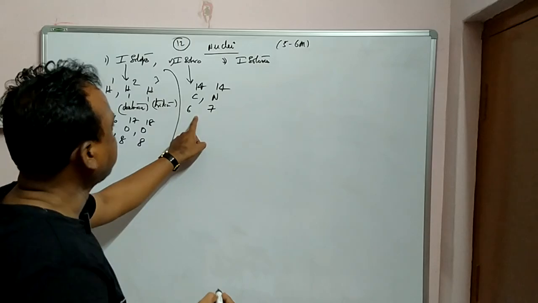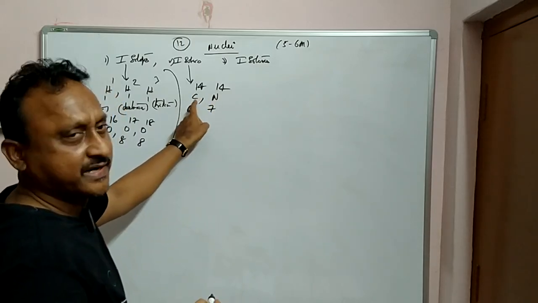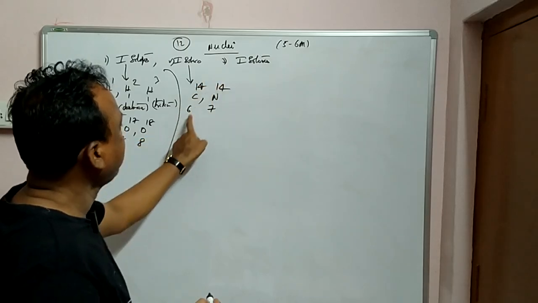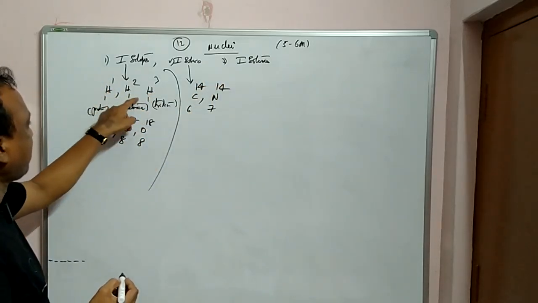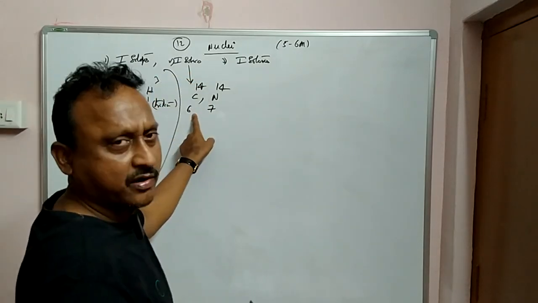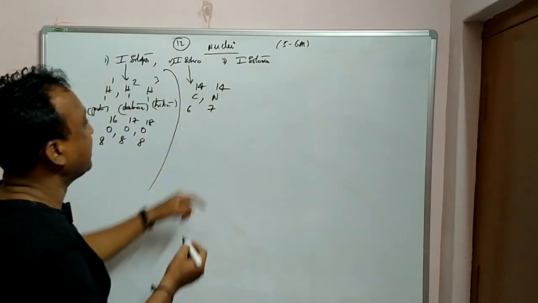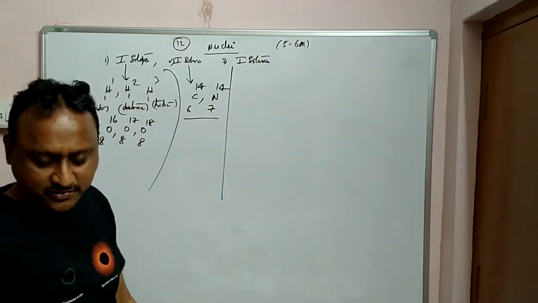Here you can observe atoms of different elements having same mass number, different atomic number. Here, atoms of same elements, same atomic number, different mass number. Same mass number, different atomic number, atoms of different elements. These are isobars.